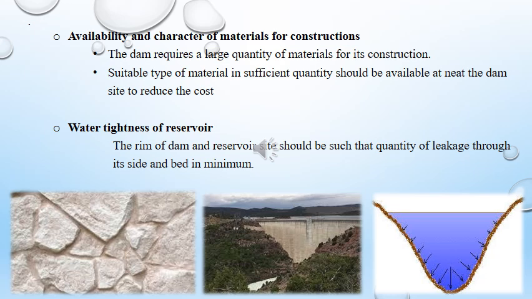So, the storage created by the construction of the dam should, as far as possible, be on impervious strata, and the seepage losses, if any, should be kept to a minimum.